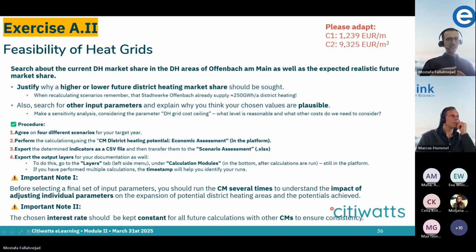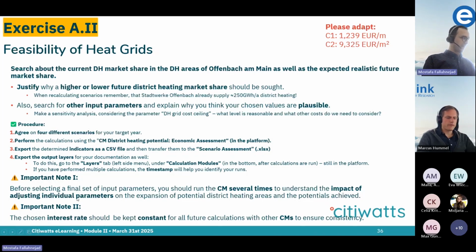So you finally need to identify 4 scenarios for your assessment, and you run the calculation modules, export the indicators as a CSV file, and then transfer the values to the scenario assessment Excel tool. It's also good to transfer the layers for later analysis if you want to check them.